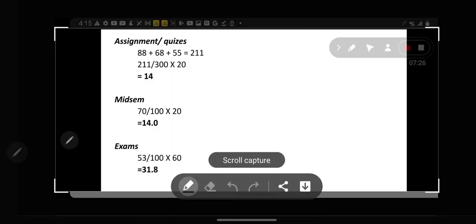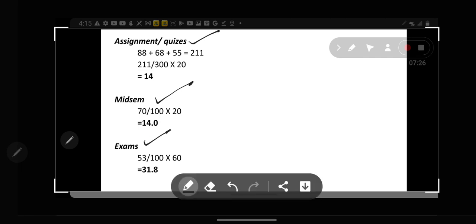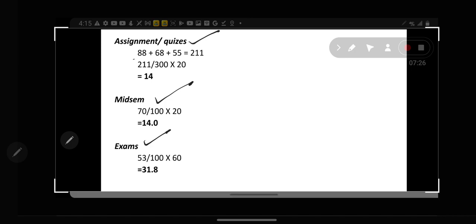Now this is what I was trying to show you. Your continuous assessment is made up of assignments and quizzes, mid-sem, and end of sem. When we take the first person, index number ABC001, the person got 88, 68, and 55, and the total is 211.